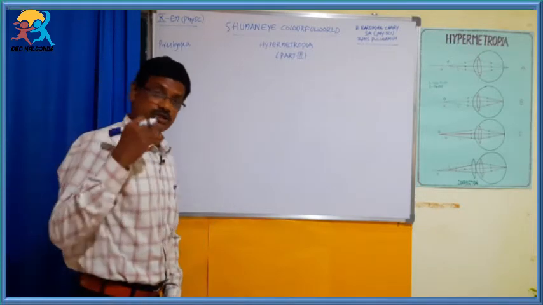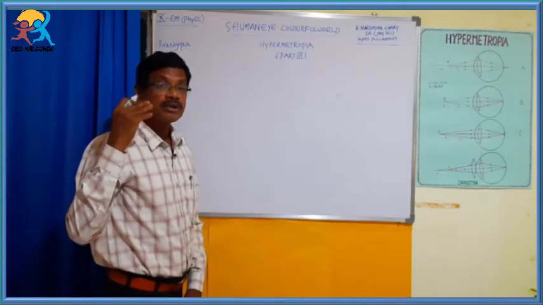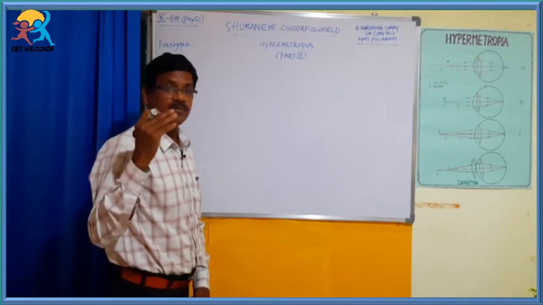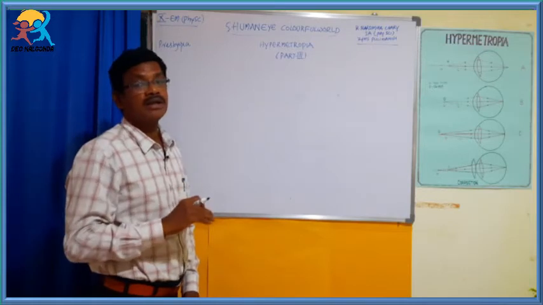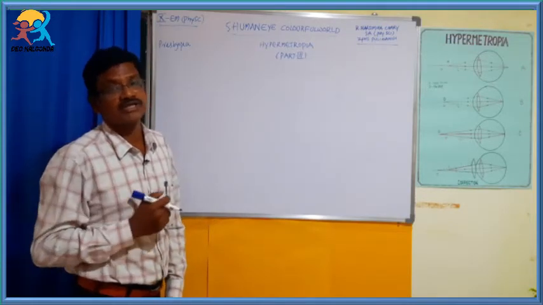That is, to correct this eyesight, the spectacle shop people prepare a lens containing both the concave lens as well as the convex lens.